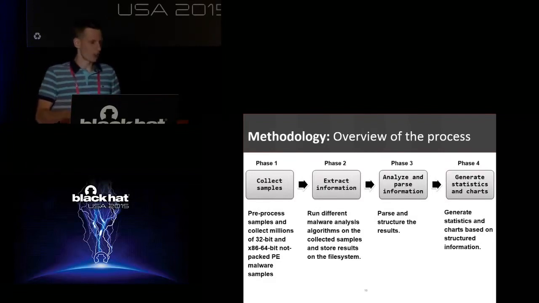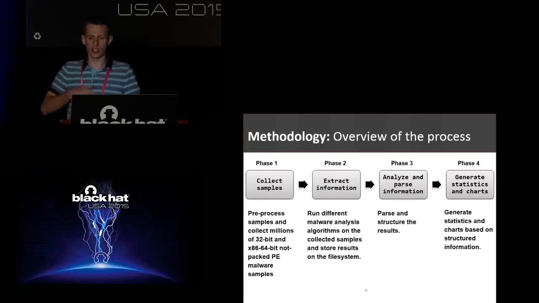So we had to process way more. We were processing about 15 million samples, and after filtering out all the rest, we finally obtained our collection to work with. After this, we pipelined the samples in the distributed environment, and we started the process of information extraction.